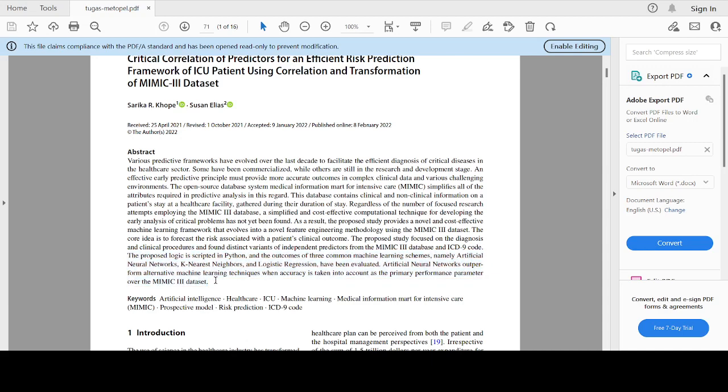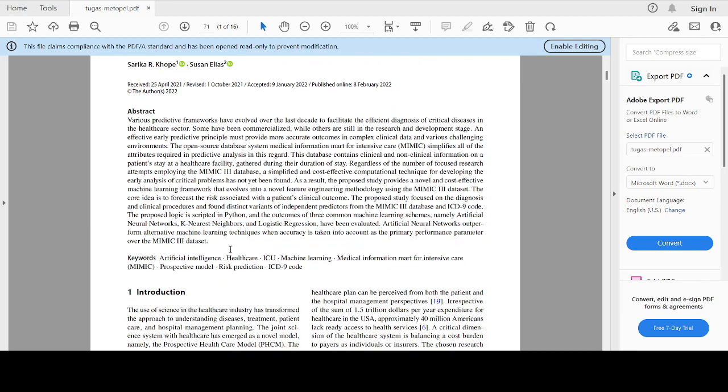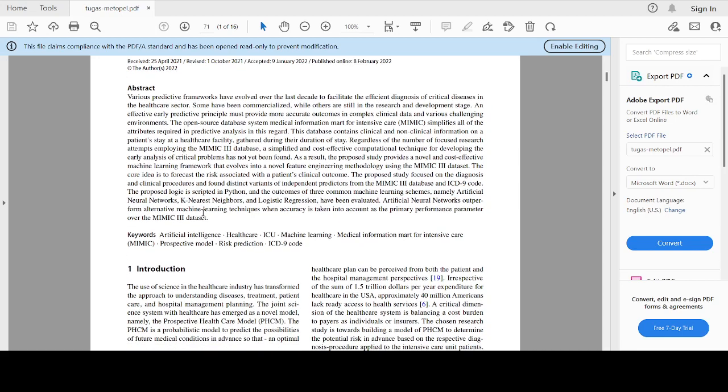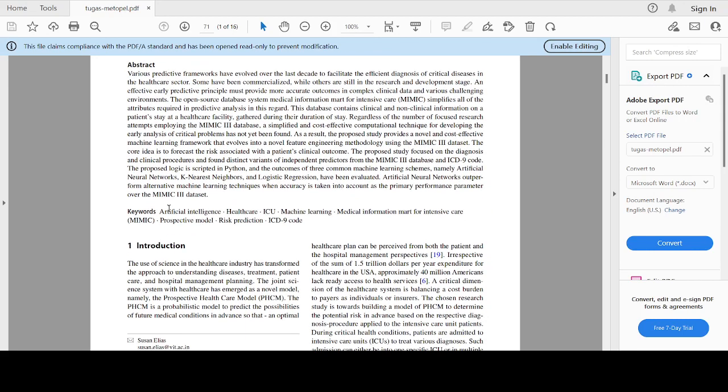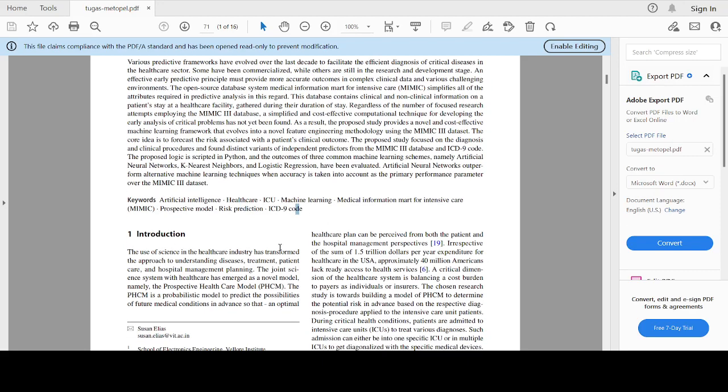So maybe we will find the research reason why they choose these three common algorithms in this paper. But yeah, that's what I can comment about that. The keywords are 1, 2, 3, 4, 5, 6, 7, 8. Okay, 8 keywords.